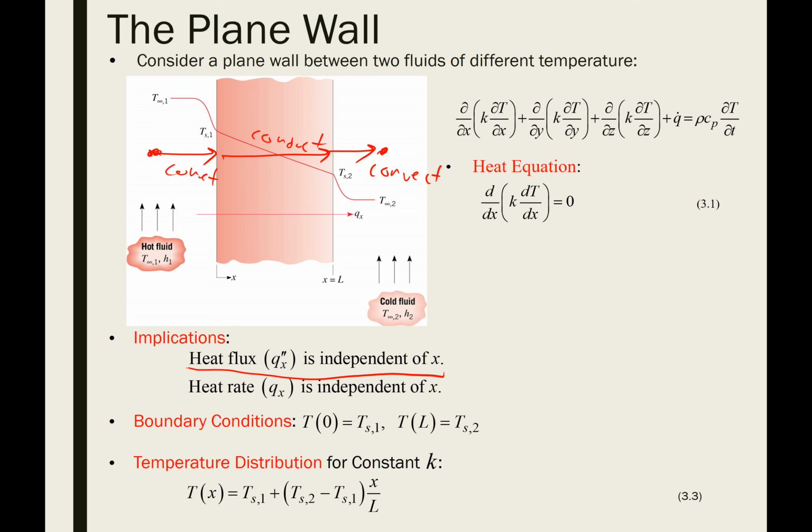So the approach that we're going to take is called the thermal resistance method. You've taken a circuits class, right? And you applied Kirchhoff's laws, where you add up the resistances that current has to flow through. This is the same exact concept, and the math is pretty much the same, but we're going to do this for flow of heat.